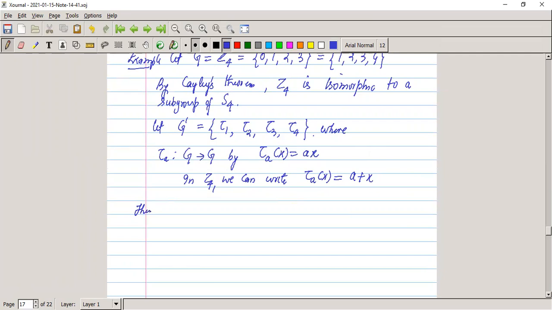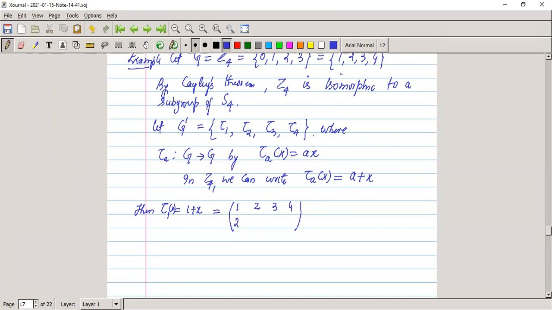Then tau 1 of x is equal to 1 plus x, and in the permutation form we can write it like this. Now the four elements of Z4 are 1, 2, 3, 4. Therefore, tau 1 of x is equal to 1 plus x means that tau 1 of 1 is 1 plus 1, that is 2.